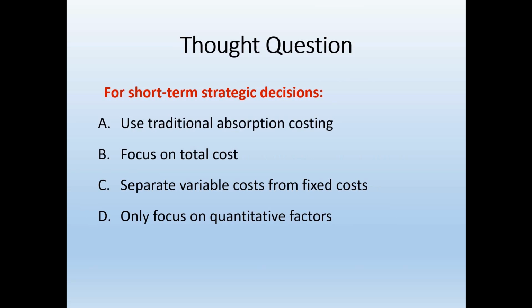Here's a question to think about. When you're making a short-term strategic decision, should you use traditional absorption costing, or focus on total costs, or separate the variable costs from the fixed costs, or only focus on quantitative factors?